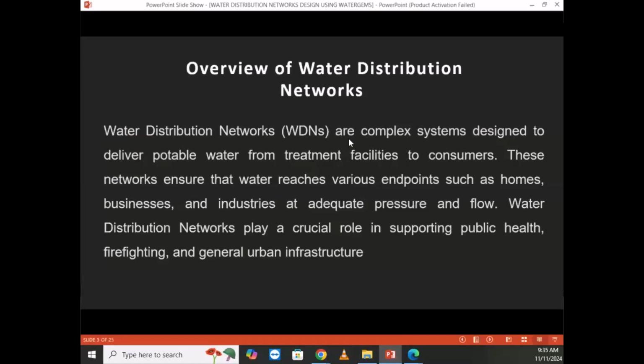Yes. Different sources. For example, we have dams, and we have lakes. To me, there is a network which has different sources, or each network has its own sources.